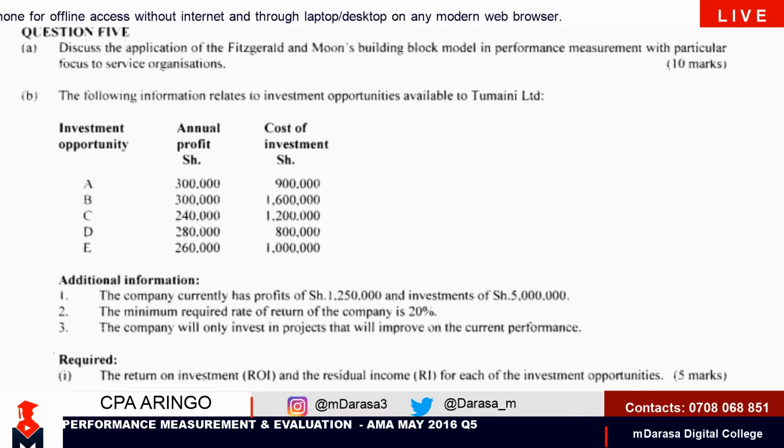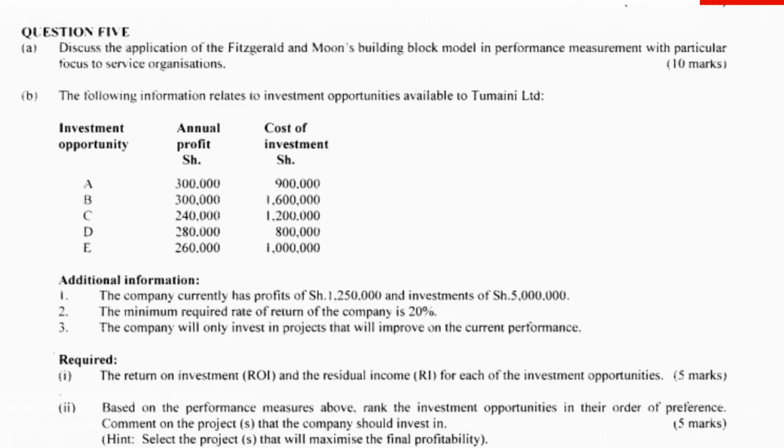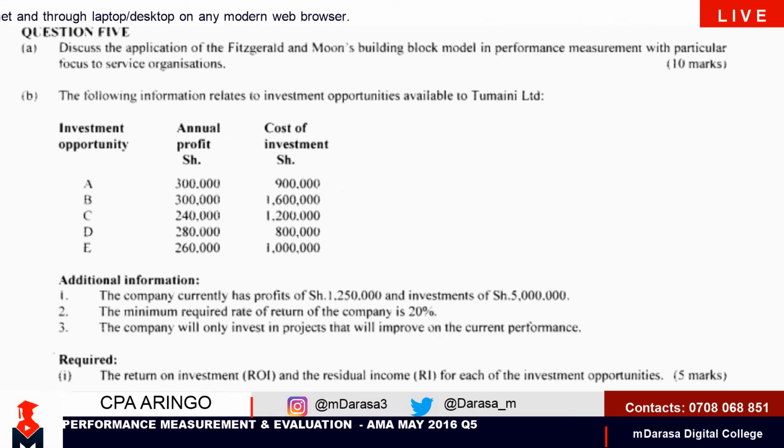You are just taking our annual profit and dividing by the cost of investment given here. The cost of investment is the component that you've taken as part of our capital employed.